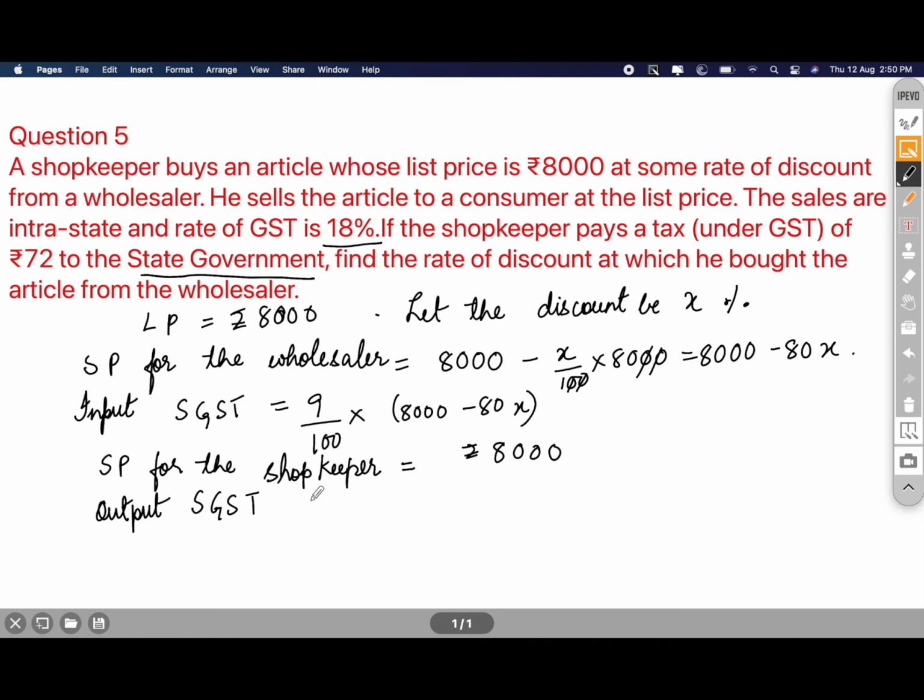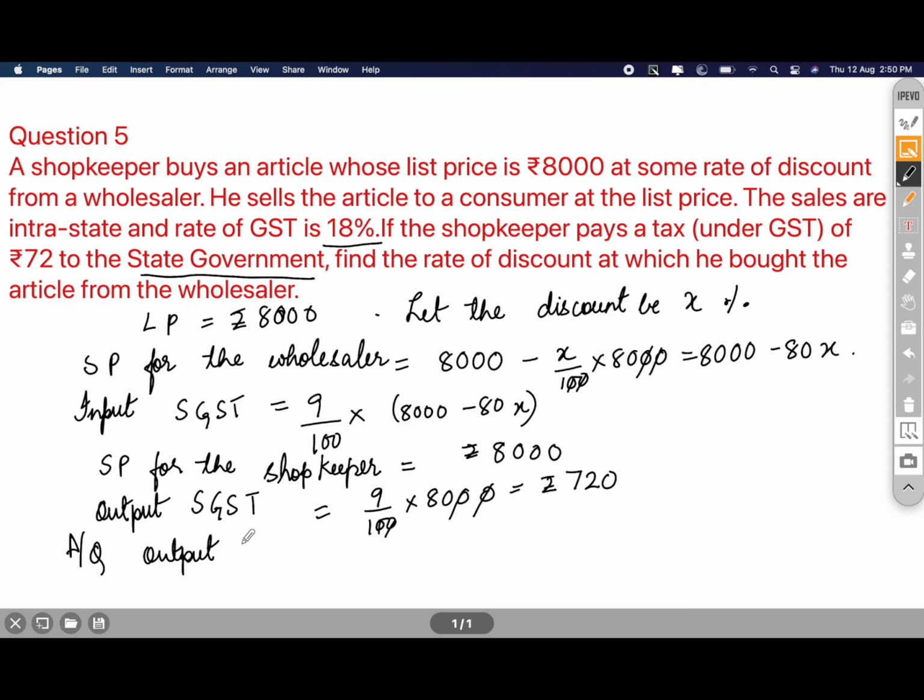So output SGST will be again 9% of 8,000. So this counts to rupees 720. Now according to the question, you can see here it is mentioned that the shopkeeper pays a tax of rupees 72 to the state government.